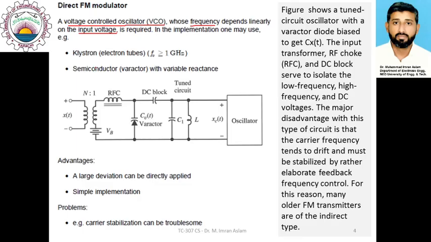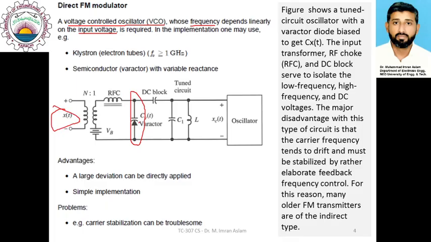So I have illustrated one implementation of a voltage controlled oscillator, which incorporates a varactor, which is short for variable reactor. You can take it as a variable capacitor whose capacitance changes in accordance with the applied input voltage waveform.